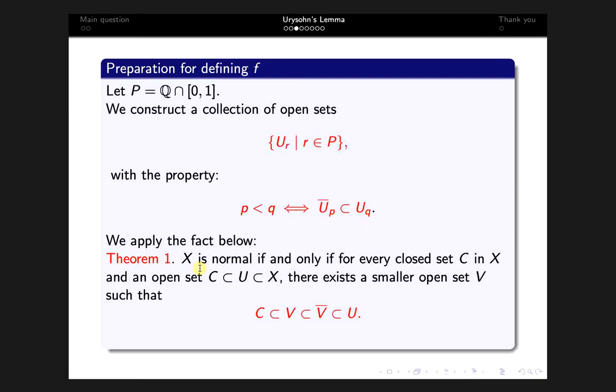This is Theorem 1, a characterization of normal spaces, which we have proved earlier. Basically, this is a recall of the characterization theorem of normal topological spaces.